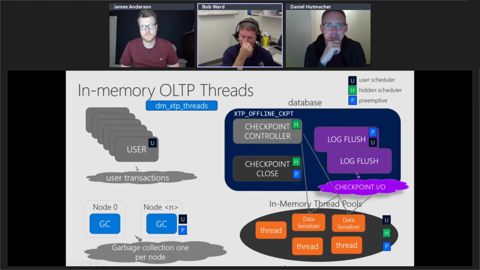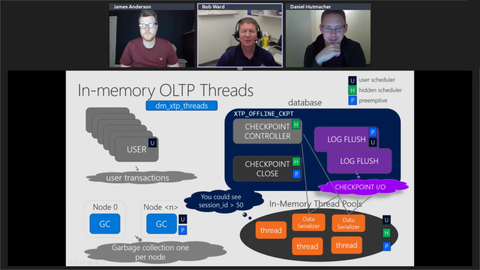And then finally, we do something called an in-memory thread pool. So each database has these dedicated threads, but for the entire server, we're going to actually dedicate a series of worker threads that are going to cooperate with each database that may be on the system to go through the process of doing one of these checkpoint operations.